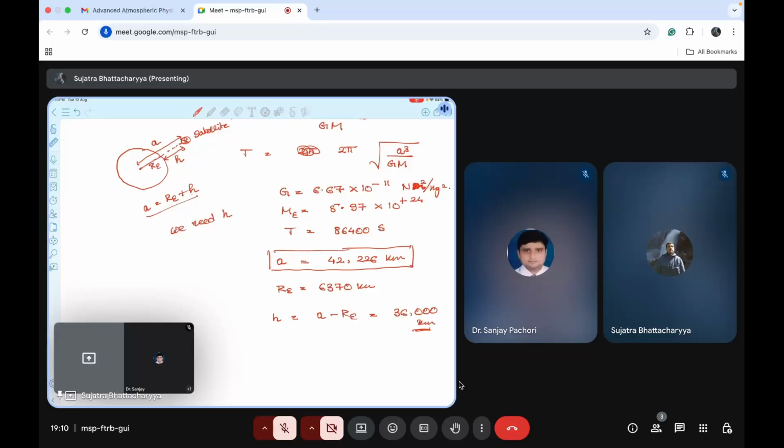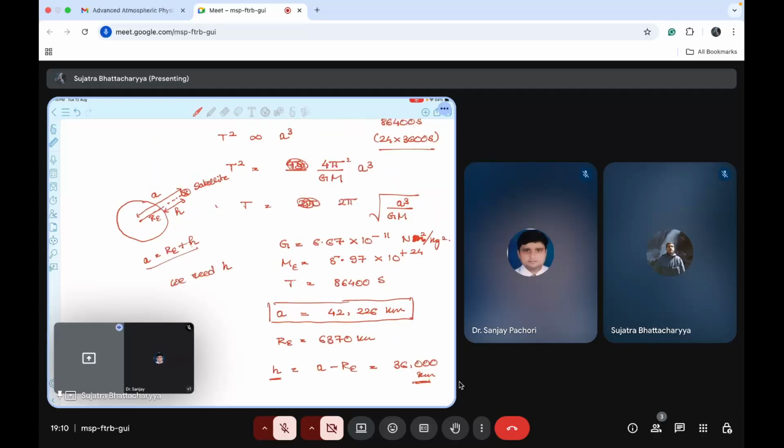So if a satellite is placed at a height of 36,000 kilometers from the surface of the Earth, its time period will be the same as that of the Earth. Okay, so you have to use Kepler's third law.